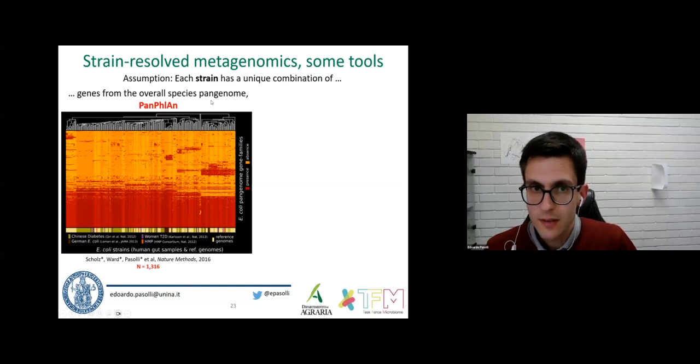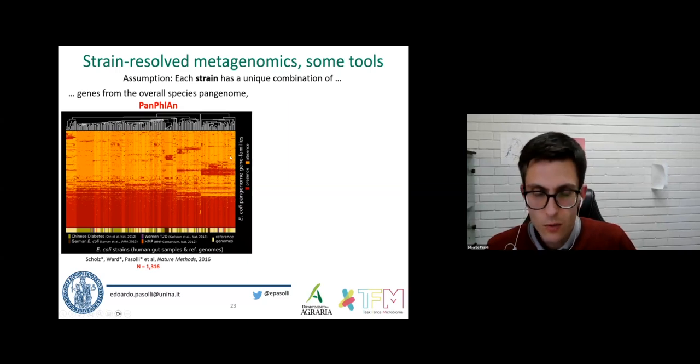So the first type of approach starts from the assumption that each strain has a unique combination of genes from the overall species genome. For example, this is the case of PanPhlAn.